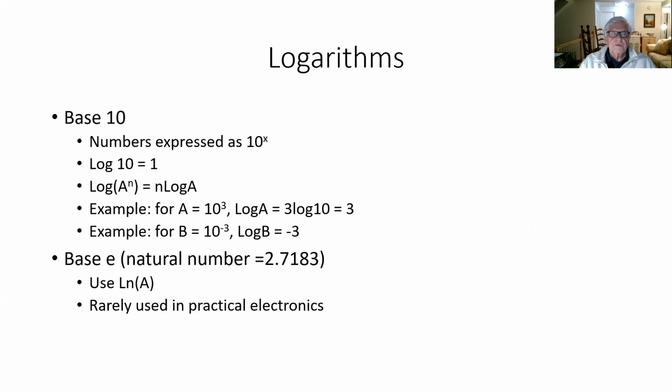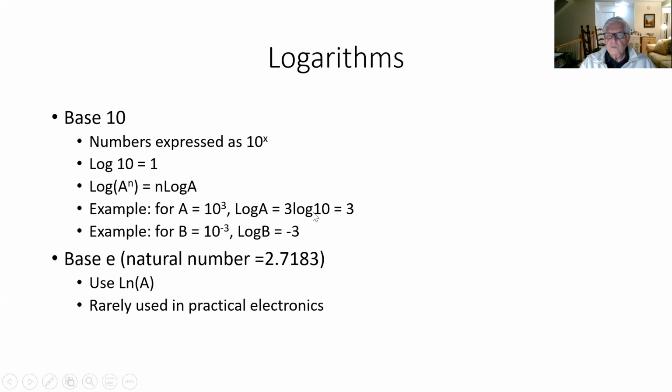And logarithms are numbers expressed as 10 to the x, so the log of 10 is 1. If we have log a to the n, that's equal to n times the log of a. For example, if a is 10 to the 3rd, the log of a is 3 times log of 10.